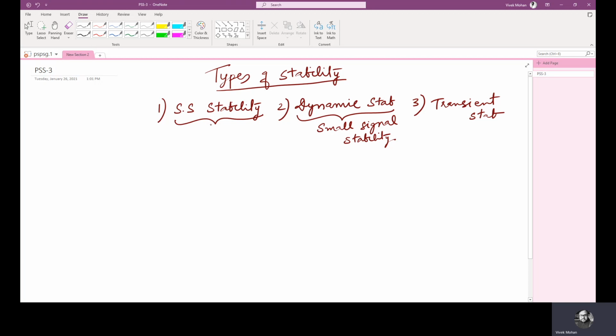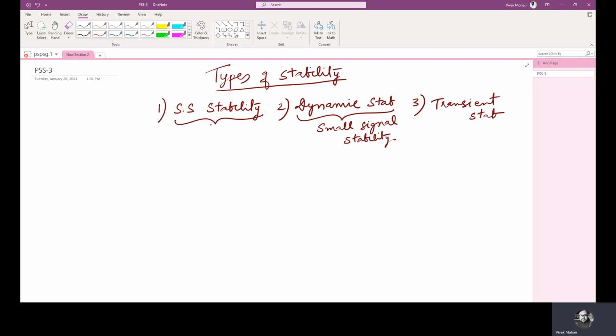Now coming to dynamic or small signal stability, it studies the response to small disturbances producing oscillations, or we can say a system is dynamically stable if oscillations do not build up to exceed a certain amplitude, or rather they die out quickly.